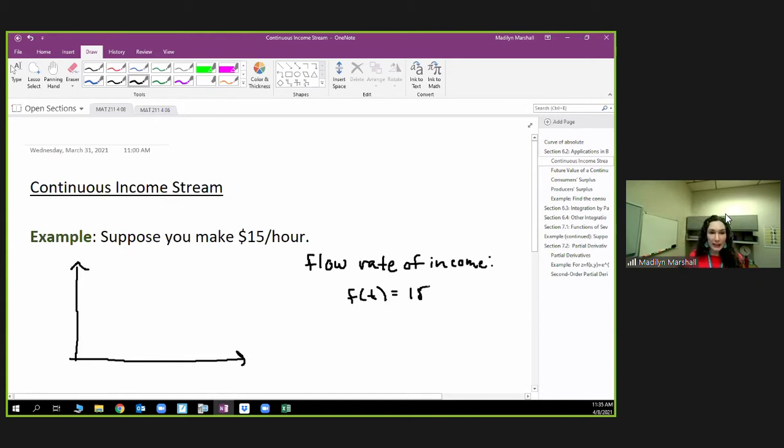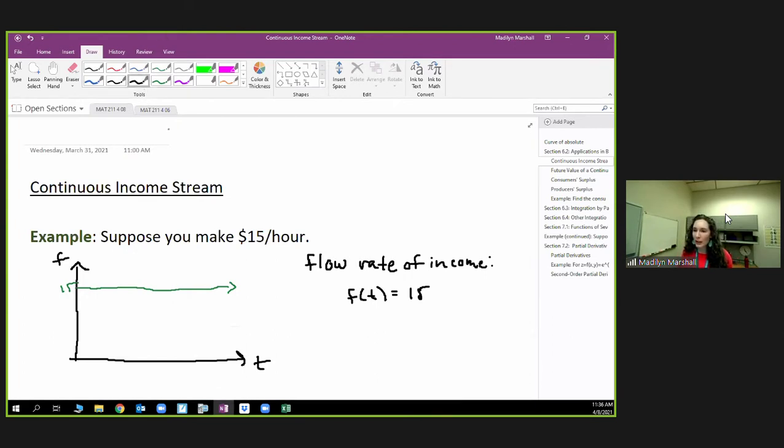So the rate is $15 per hour. So your income is coming in at this rate of 15. And so if we were to graph that 15, it would look like this. Probably not going to go forever. You're not going to work infinity hours, but we can let t be however many hours we're working.